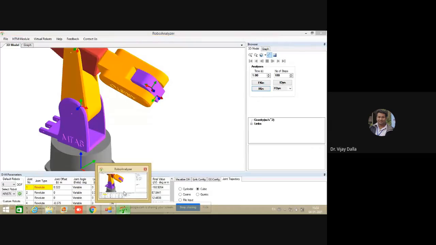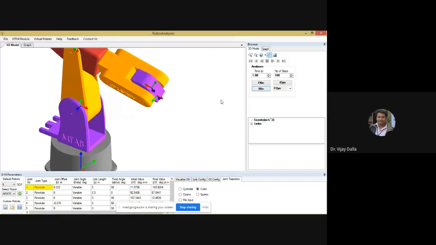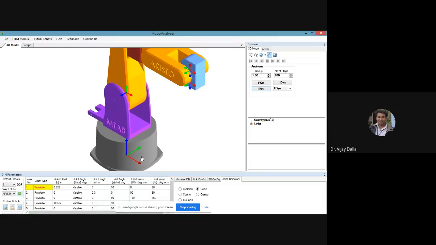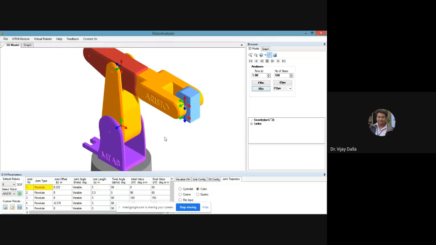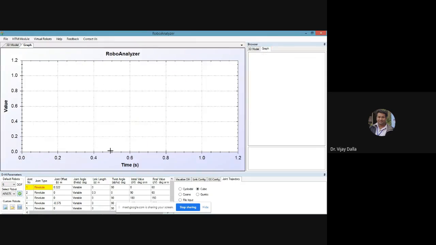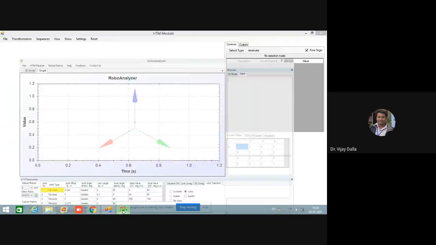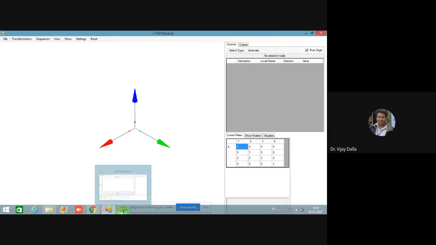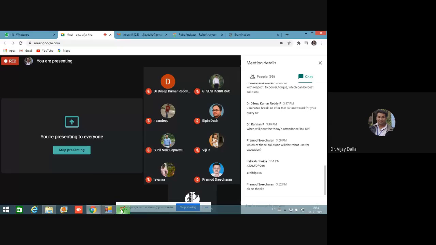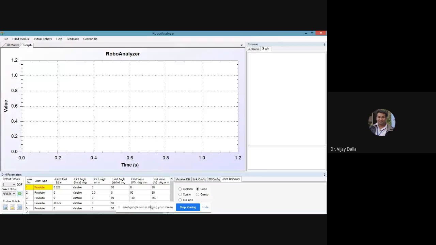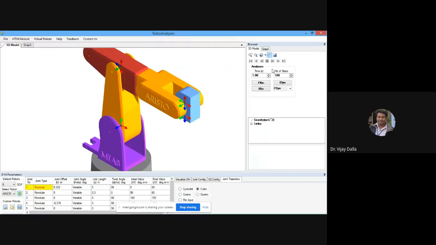So this can be visualized either by the motion with the 3D model or in a graphical way.